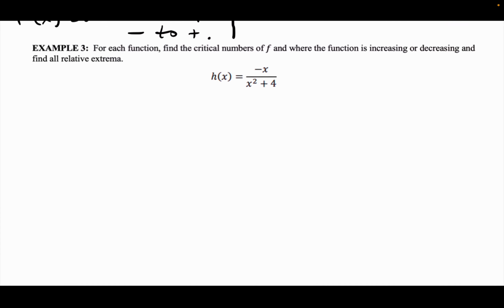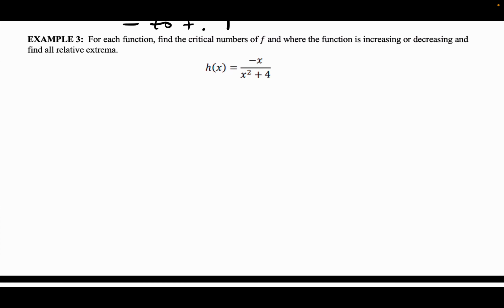Okay, so number 3. Same thing. Find the critical values, increasing, decreasing, find all relative extrema. Relative extrema means any of them: relative maximums, relative minimums. So the first thing I've got to do is find the critical values. To do that, I need a derivative.